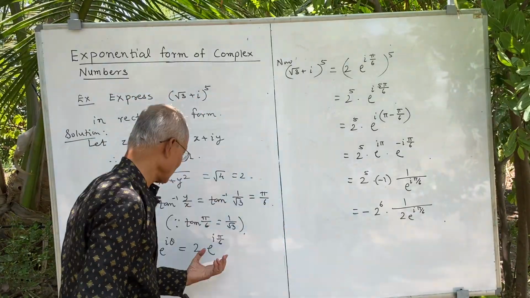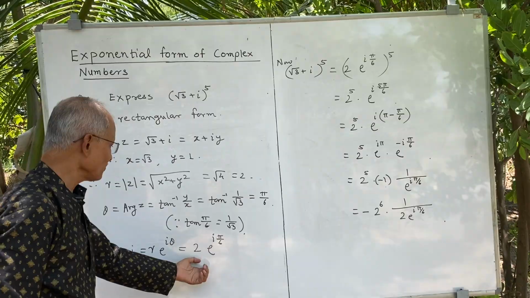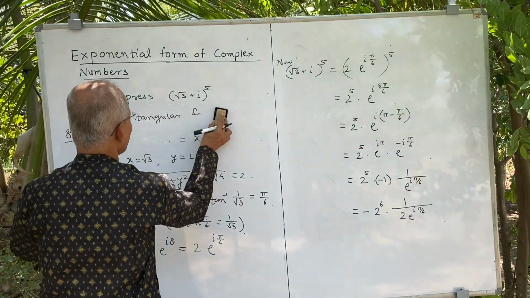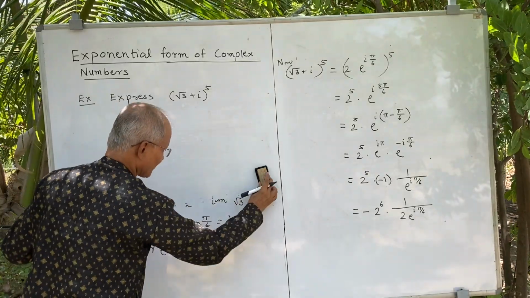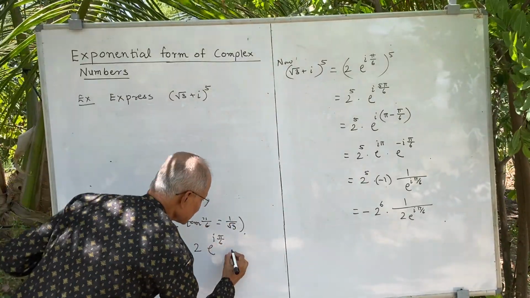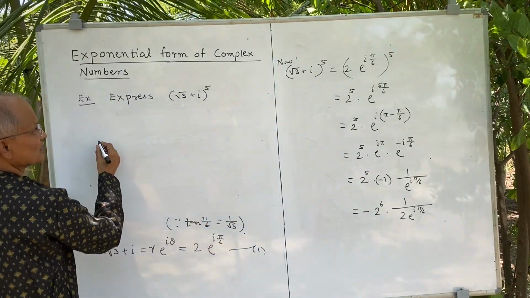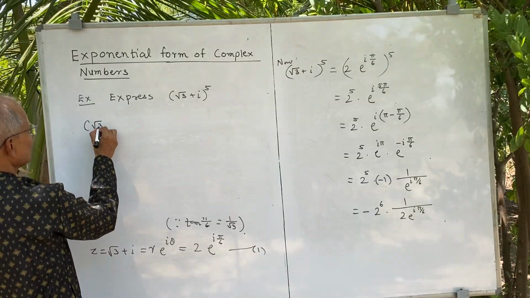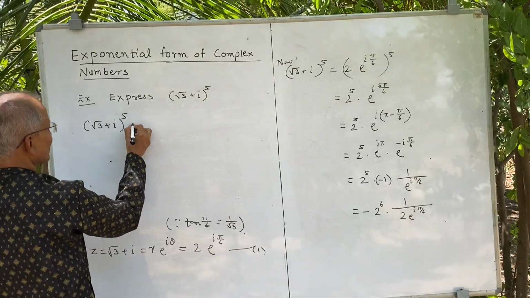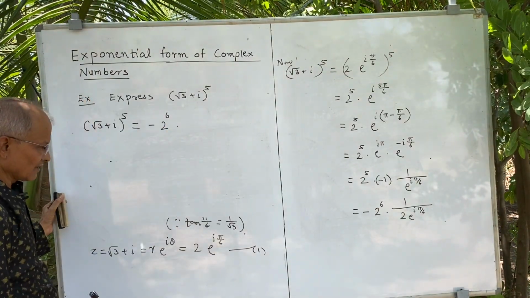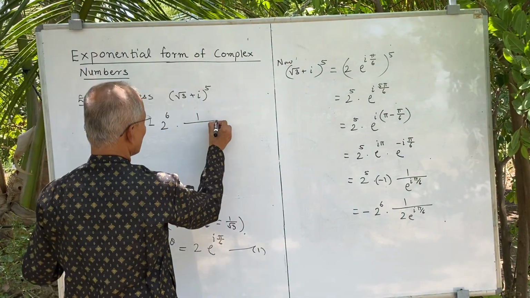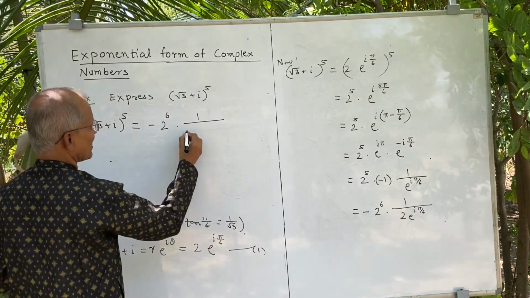Because we want to use the expression: 2 e power i pi by 6 is root 3 plus i. The last step is minus 2 power 6 and 1 upon root 3 plus i.